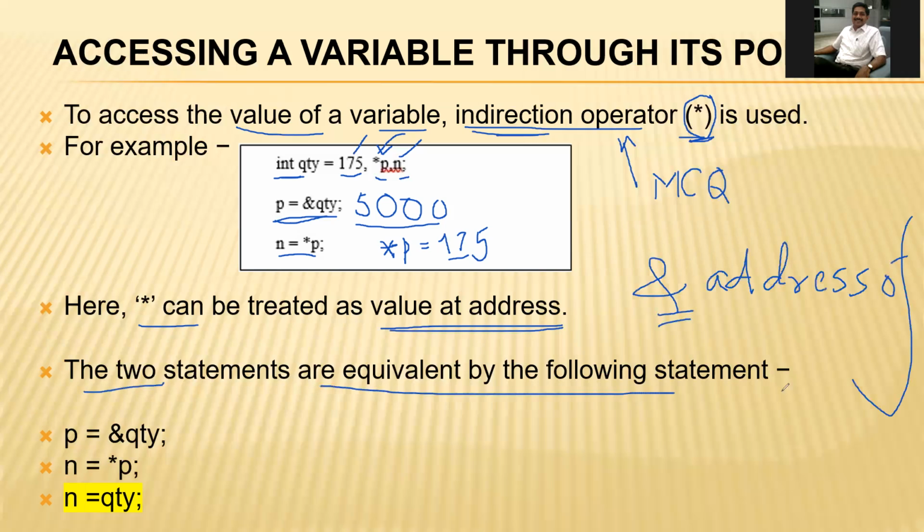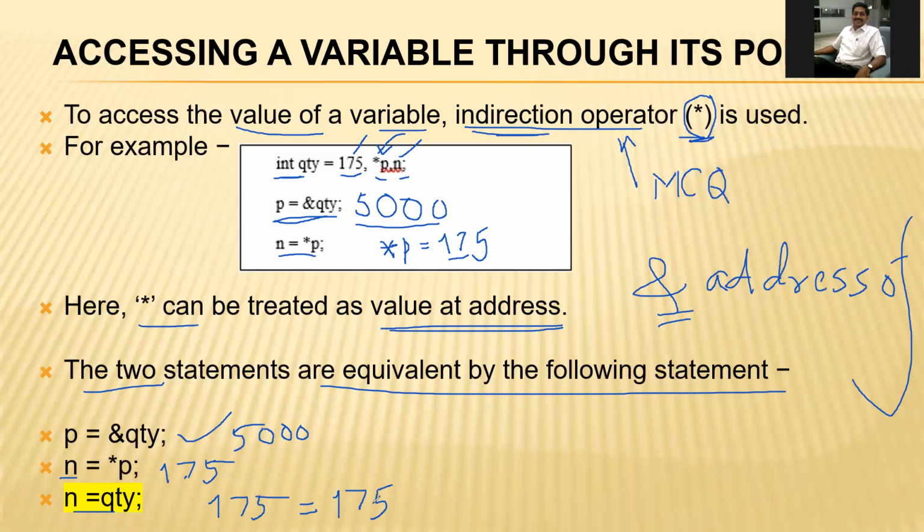Now the two statements are equivalent to the following statements. P is equal to ampersand quantity, so p has the value 5,000. N is equal to star p, so n will be holding the value 175. So n is equal to quantity, that is 175 is equal to 175.